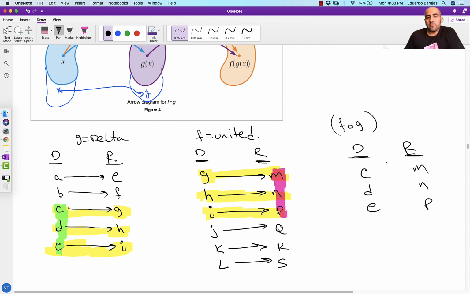Because these are the only combinations where this is a valid input of G. We can't input W. W is nowhere in the domain of the G function, so we can't input something that's not in the domain of the G function. So we've got to start off with the G function, but then it's not the entirety of the domain of the G function. We can only include the ones that are going to work out, and they're going to work out because their outputs are also in the input of the second function, the F function.